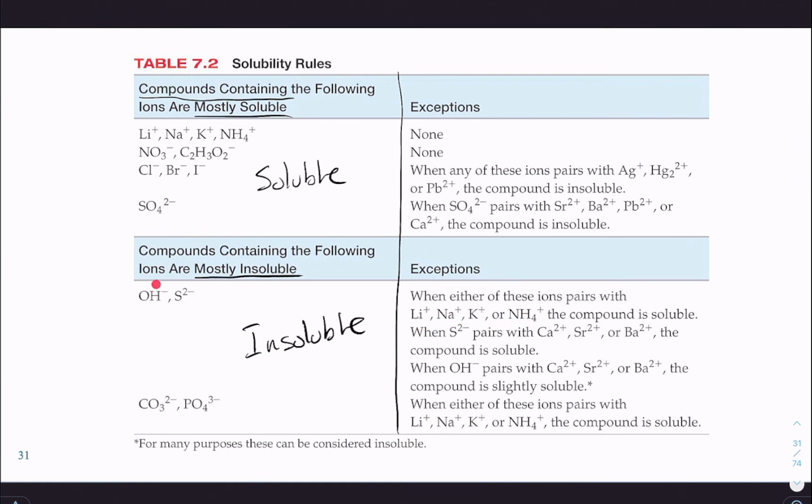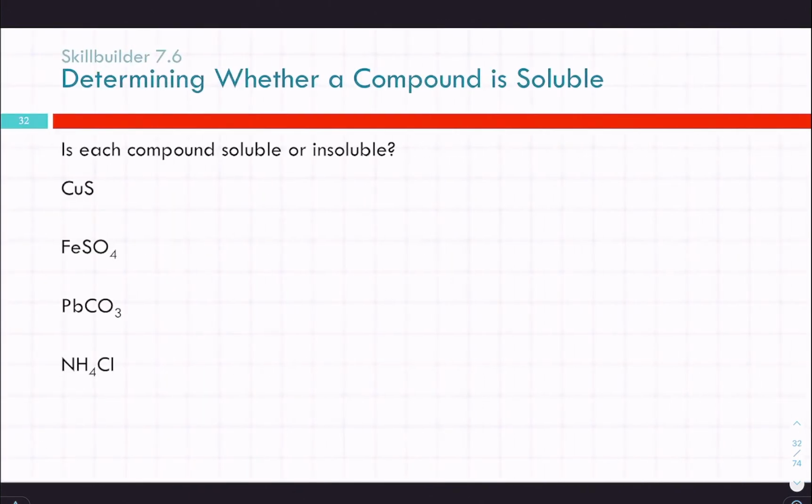If you have lithium hydroxide, sodium, potassium, or ammonium hydroxide, those are all soluble. So I think this table just involves some getting used to. But I'm sure we'll use it here, right?